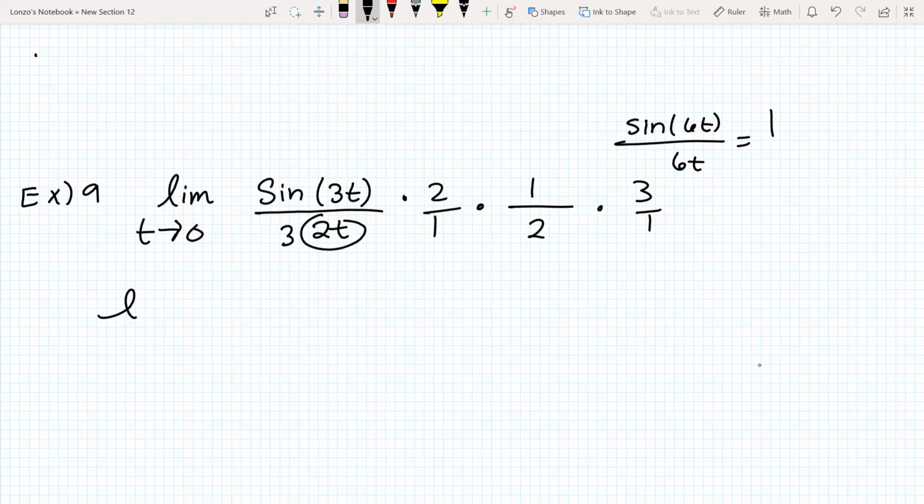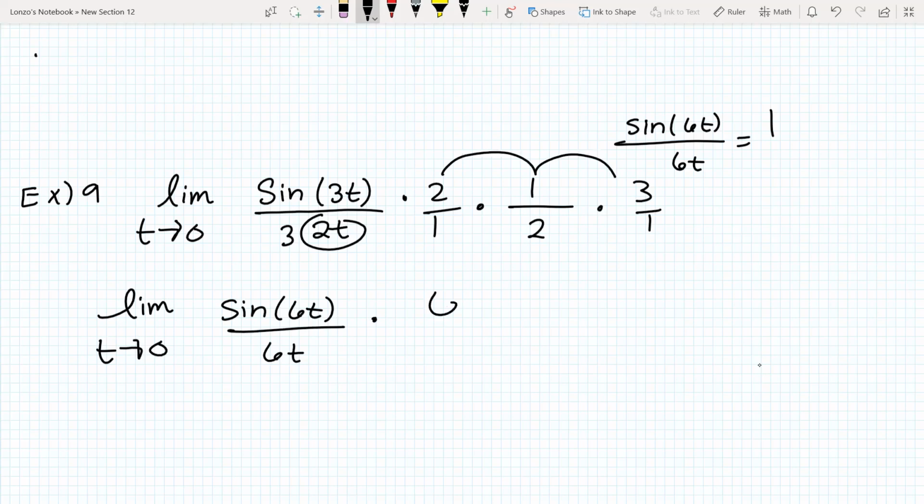Okay, so we get the limit as t approaches 0 of sine of 6t over 6t times 2 times 1 times 3, that's 6, over 2. Okay, so we know that this right here just becomes 1.